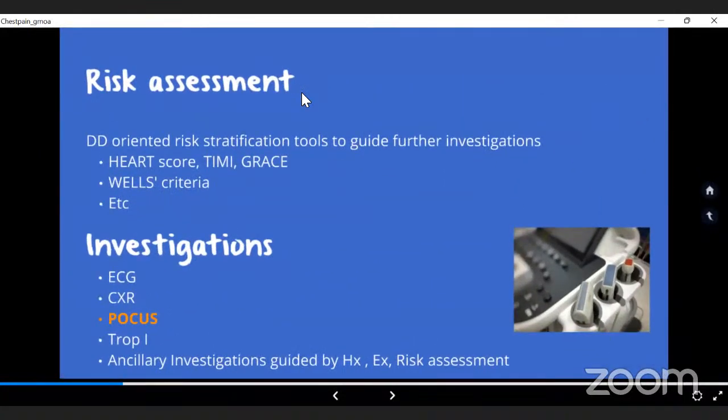To come to a management plan, while we do investigation, I don't know whether you have already heard, there is something called risk assessment. Based on the history, the examination, and the investigation, we can assess the risk of having a particular condition for different patients.